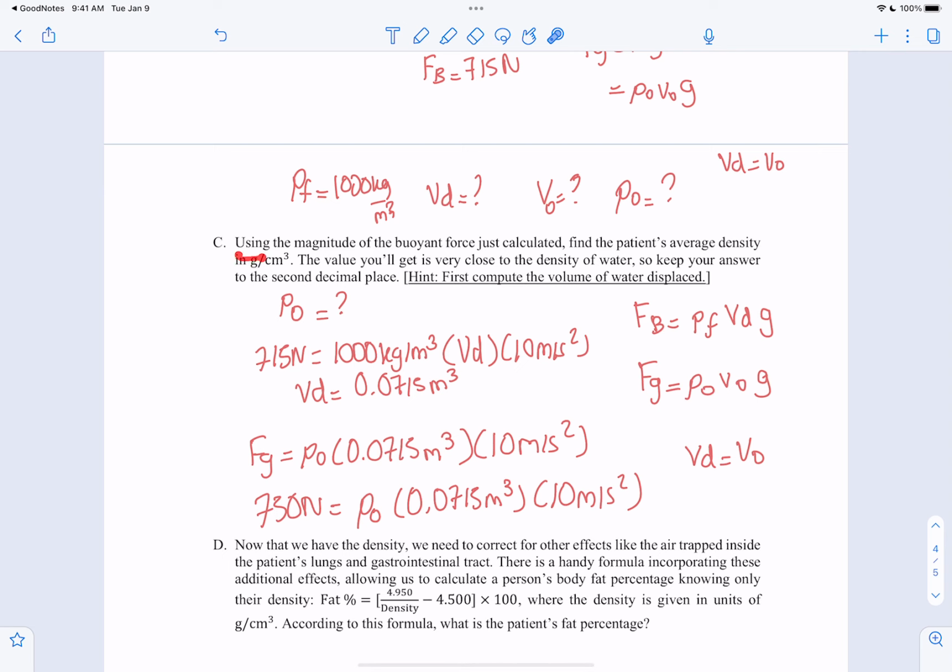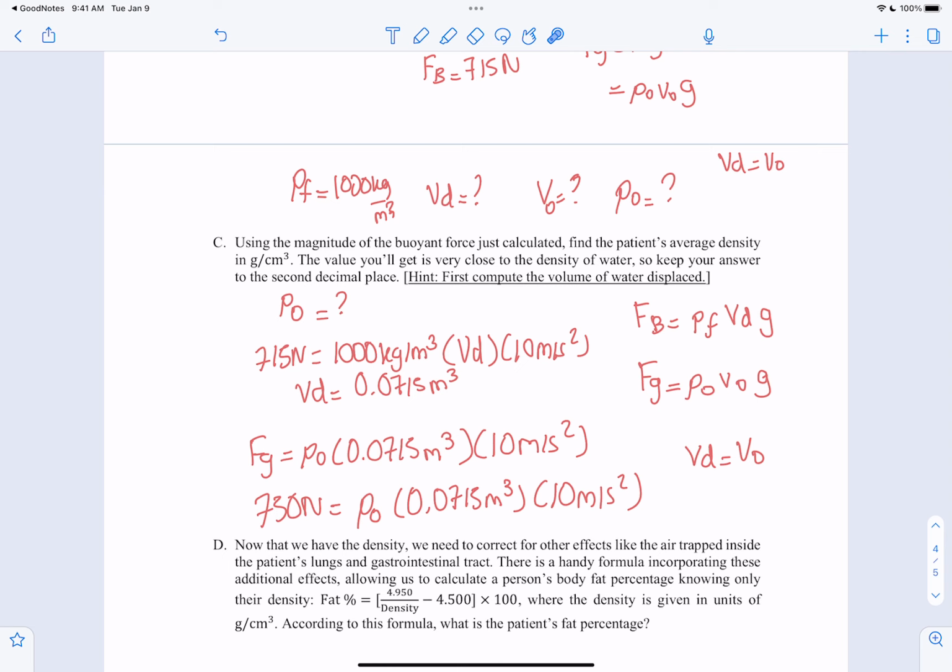They said use the magnitude of the buoyancy force to find the patient's average density. Well, buoyancy force, we know that is equal to the density of the fluid times the volume of the fluid displaced times the gravity, right? I figured out the volume of the fluid displaced, and knowing that it's completely submerged, it should equal the volume of the object.